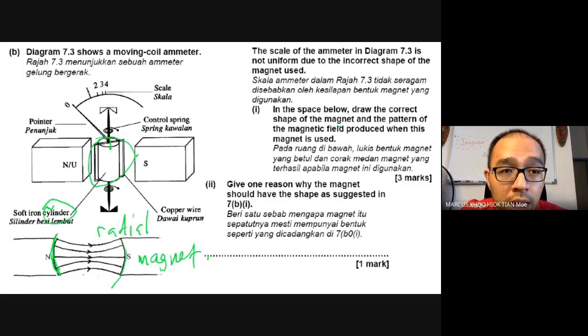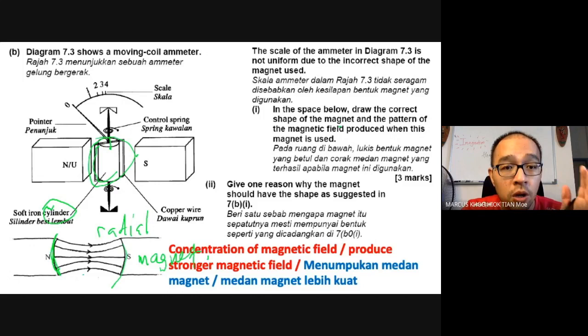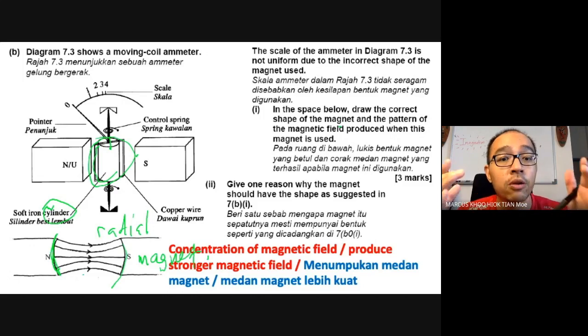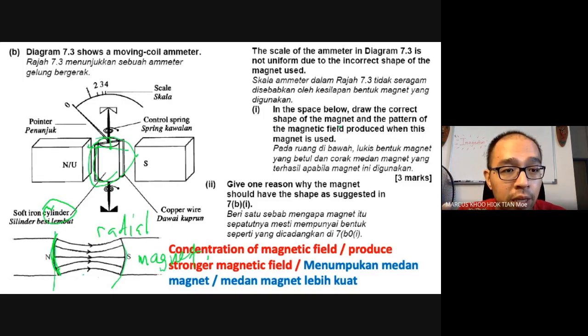So because our soft iron is cylinder in shape, the magnet has to be radial so that you get a better concentration of magnetic field. Its magnetic field is more concentrated, you will produce a stronger magnetic field because nothing is lost. If you put it straight like this, some of it will miss the cylinder because the cylinder is round. But when you have a radial, it's harder to miss because both are round.